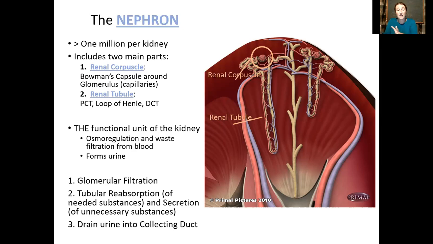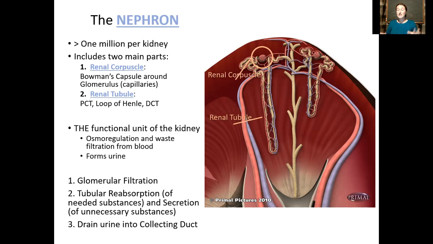We filtered some stuff out of the blood, and now all of that stuff is going to pass through this squiggly little tube with the straight part and back up with another little squiggly part. All of those things are collectively called the renal tubule. Okay, so everything that is actually holding on to the filtrate, which will become our urine, is called the renal tubule. So again, the nephron contains the renal corpuscle, where filtrate is made, and the renal tubule, where filtrate is modified based on whatever our body needs at the time.